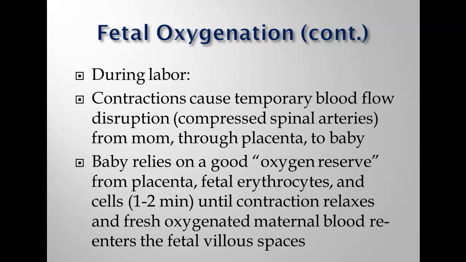So during labor, contractions can cause temporary blood flow disruption or a compression of the spiral arteries from the mom through the placenta to the baby. So when this occurs during those contractions, babies rely on a good oxygen reserve from the placenta, fetal erythrocytes, and cells until the contraction relaxes and new, fresh, oxygenated maternal blood returns to the fetus.